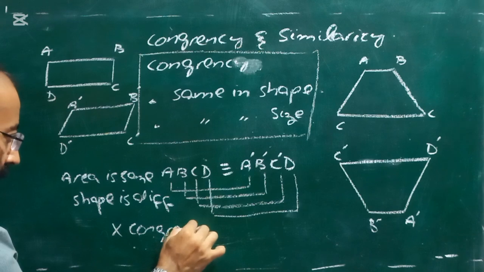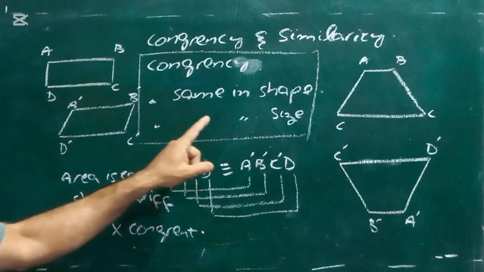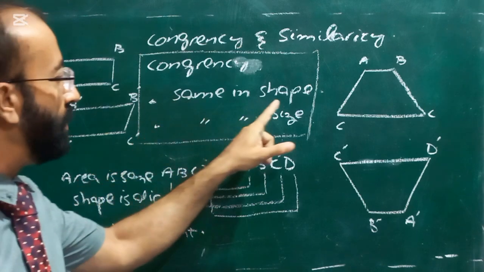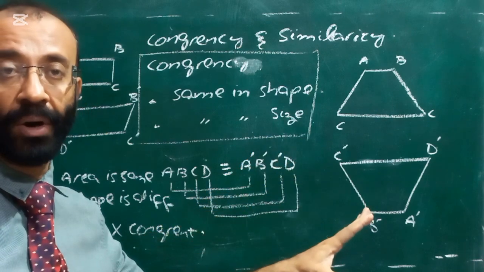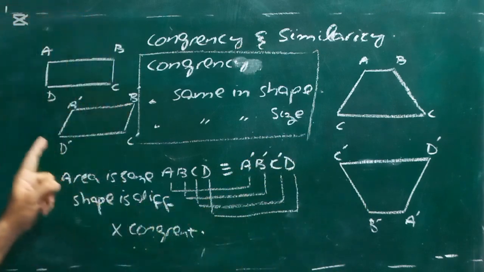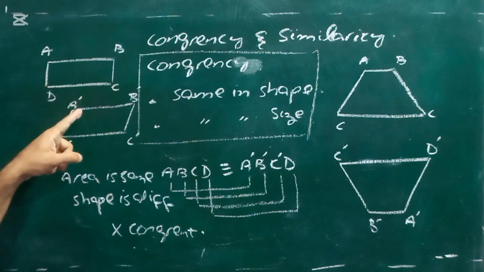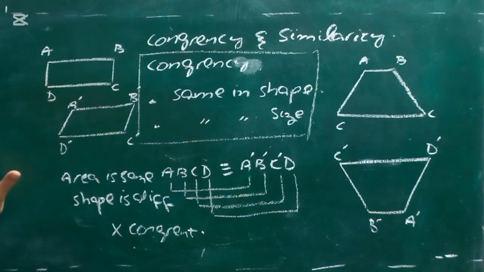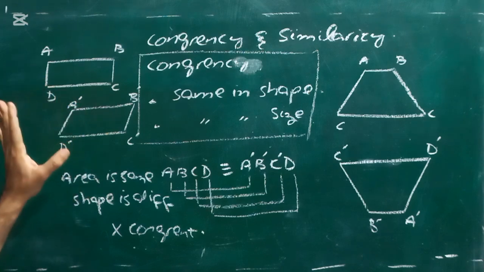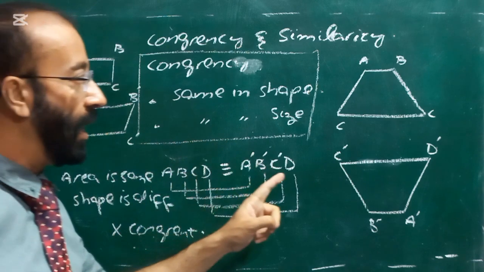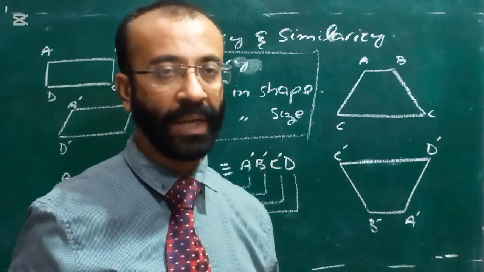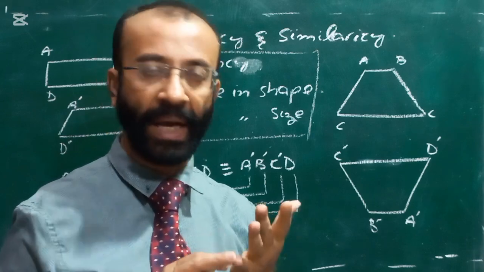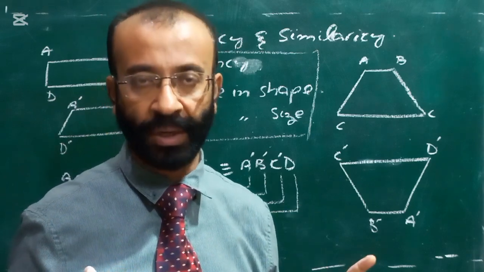So remember the concept. If the figures are same in shape and same in size, then these figures will be called congruent figures. Even if they are same in size but shape is not same, then figures will not be congruent and colors and texture will not matter. If color is different, texture is different, but size and shape is same, figures will be congruent.